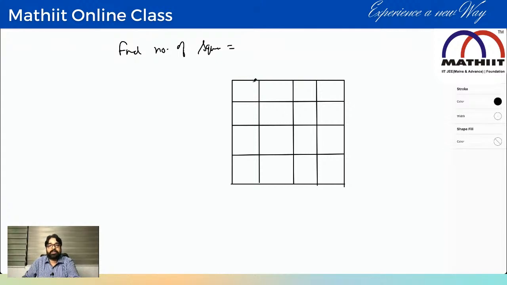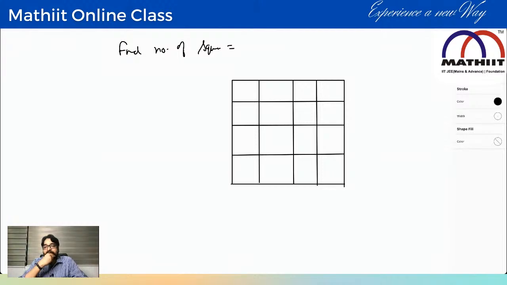Three, this way also. So in total, how many squares can happen? Total number of squares.